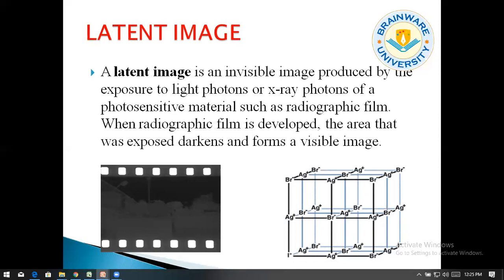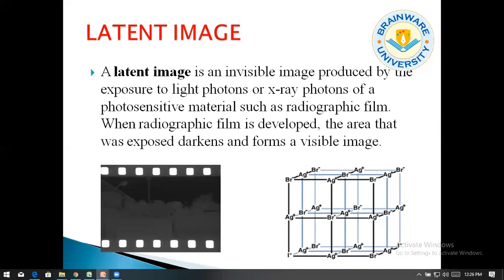The main function of photochemistry is to form a latent image on the radiosensitive film. The latent image is produced from the exposure of light photons from the intensifying screen, and in the case of oral study or mammographic study, from the direct exposure of X-radiation photons.